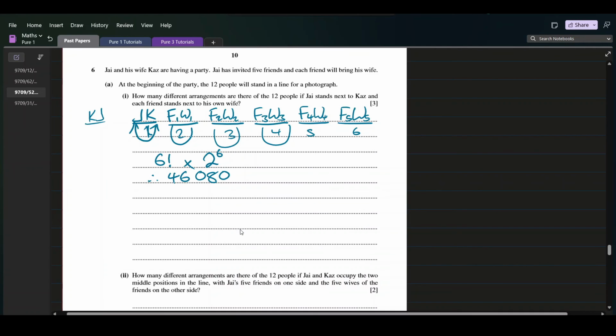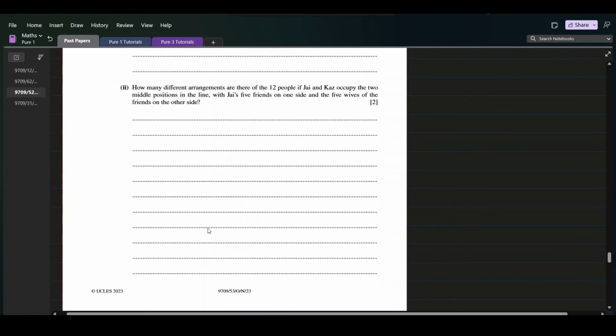Let's move on to part 2. How many different arrangements are there of the 12 people if Jay and Kaz occupy the 2 middle positions in the line with Jay's 5 friends on one side and 5 wives of the friends on the other side? Okay, so we've got Jay and Kaz in the middle. Then we've got the 5 friends.